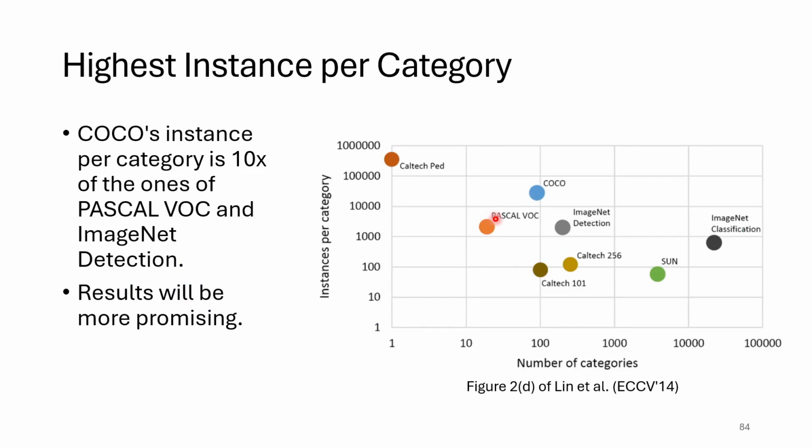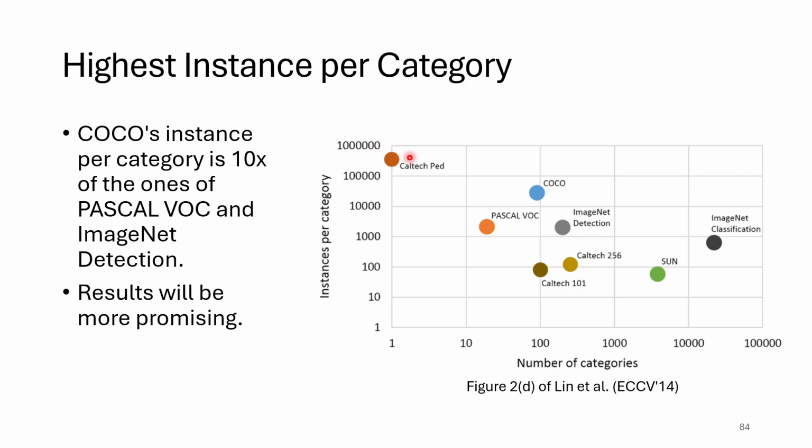So take a look at this figure. This is Pascal VOC. There are 20 classes. How many images do they have per class? Around 1,000. And how many images do they have in Microsoft COCO? More than 10,000. And we saw the Caltech pedestrian detection dataset already. There is a single class, just the pedestrian.